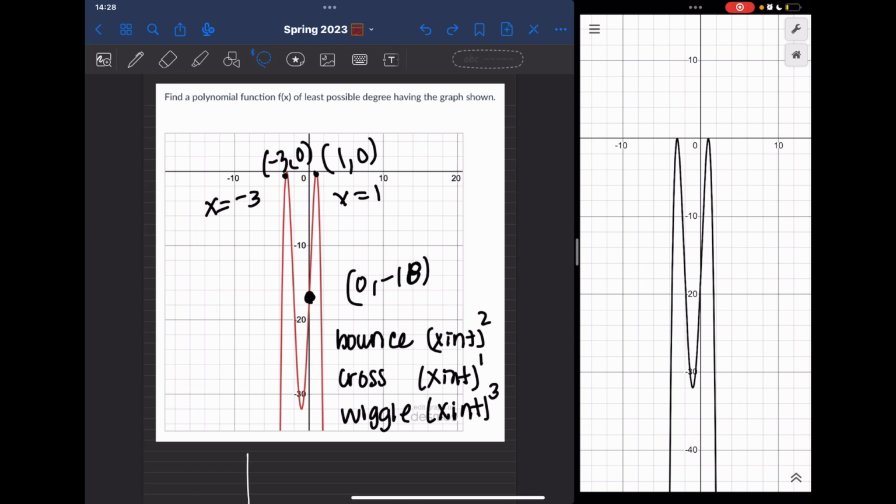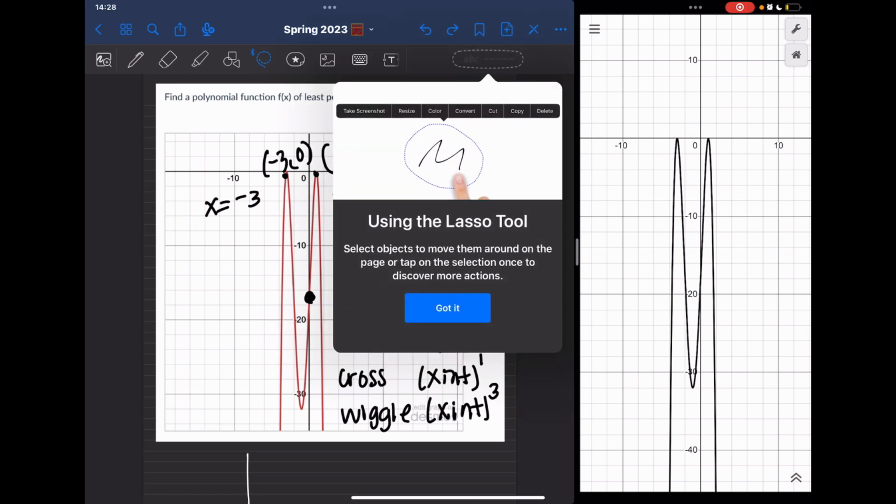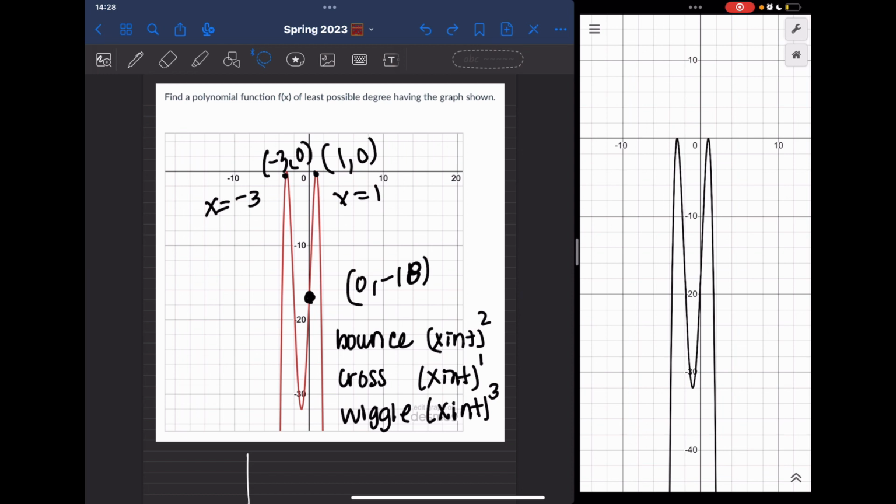The multiplicity here has to do with the way that the x-intercepts behave on the x-axis. Because they have a bounce, we know that each of these x-intercepts is going to be squared. So whatever the linear factor is, like x plus 3 squared, x minus 1 squared.